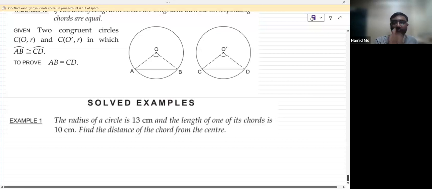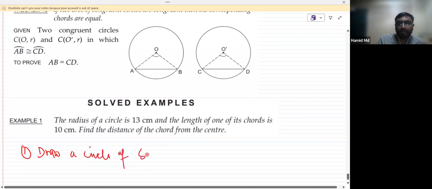So what will you do? What will be your first step? I'm just giving you a hint. Draw a circle of said radius.